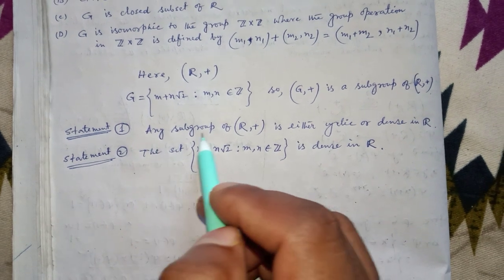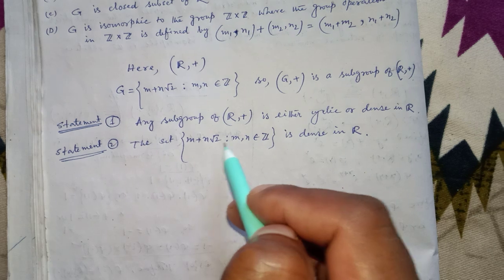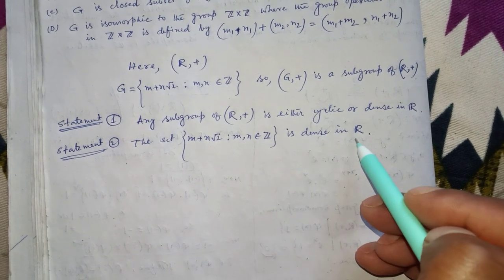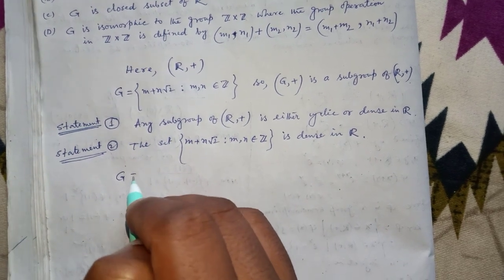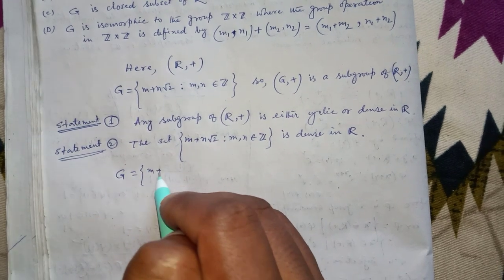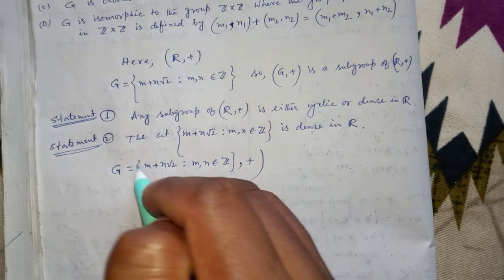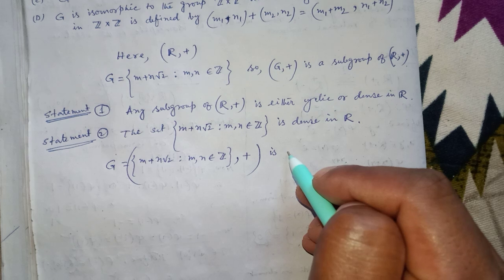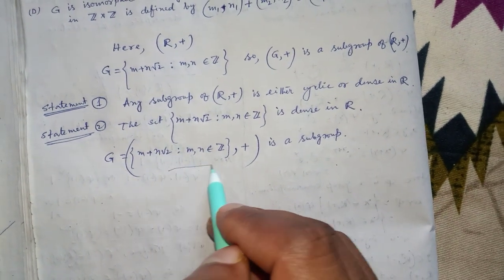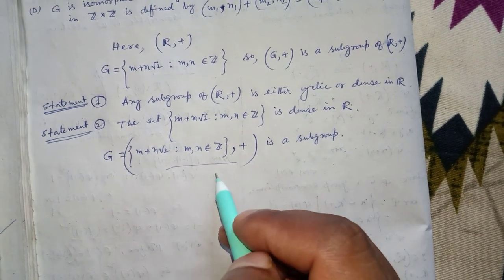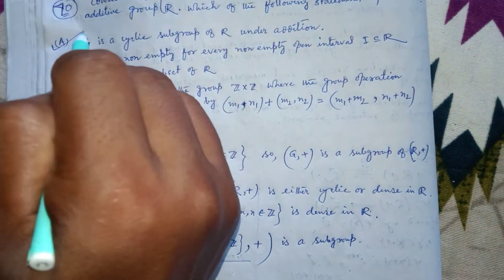In statement 1, any subgroup of R plus is either cyclic or dense in R. And statement 2, the set {m plus n root 2 such that m, n belong to Z} is dense in R. So from statement 2, the given set G is a subgroup of R. Since it is dense in R, G cannot be a cyclic subgroup of R. So option A is false.